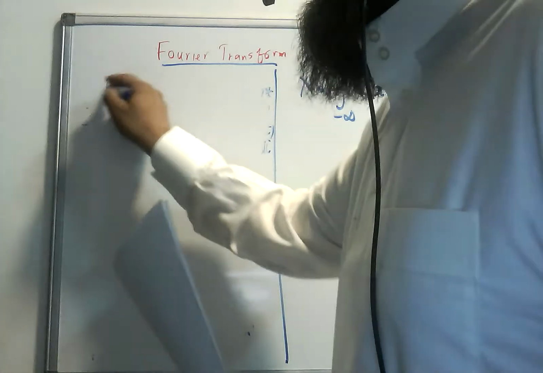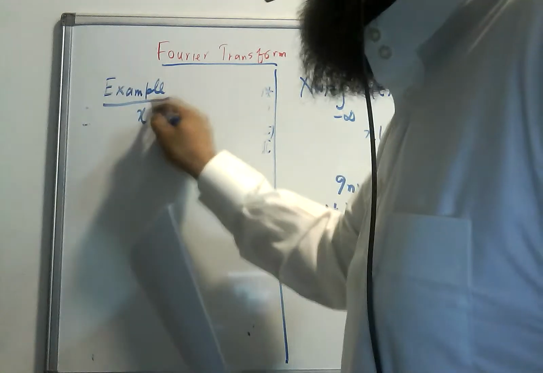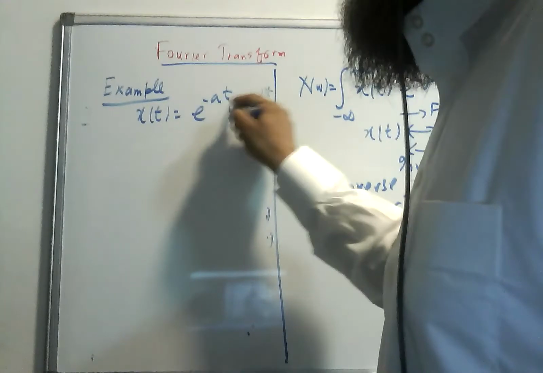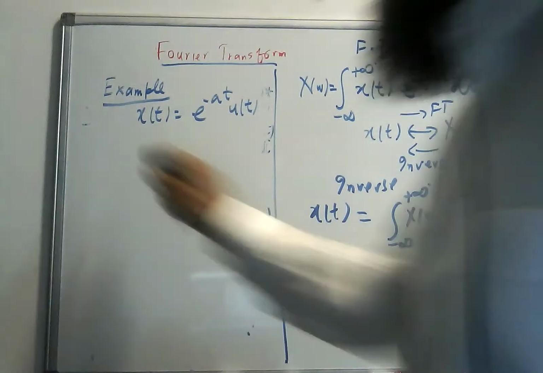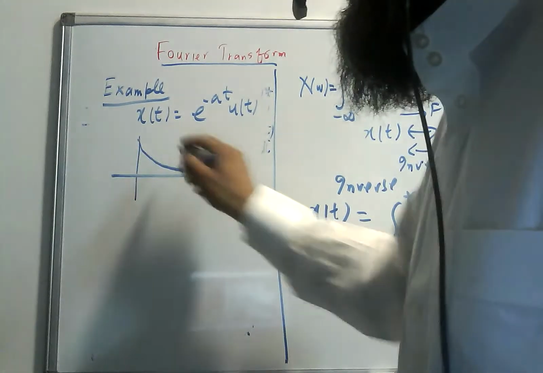So example, x of t equals e raised to the power minus at u of t. And this function is this exponential.